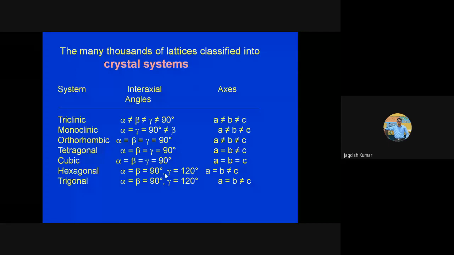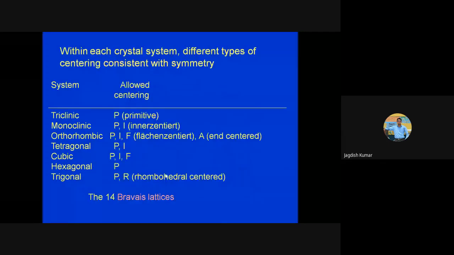Now, each of these crystal systems may have different types of centering consistent with the symmetry. I mean, for each of those crystal systems, the lattice points may have different types of repetition. And there are a total of 14 combinations. Within the 7 lattices, there are various types of symmetry of the points in the unit cell.